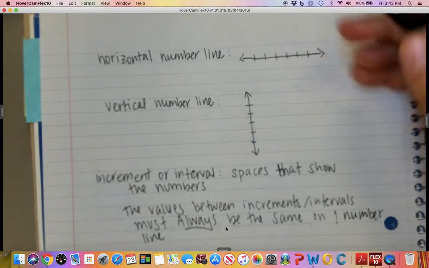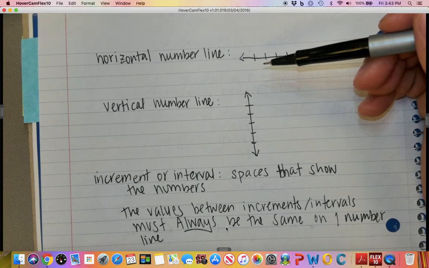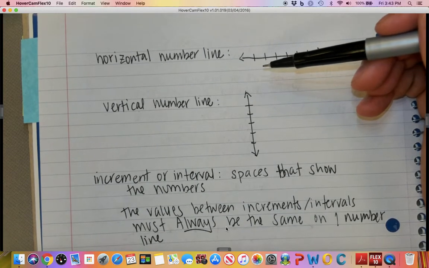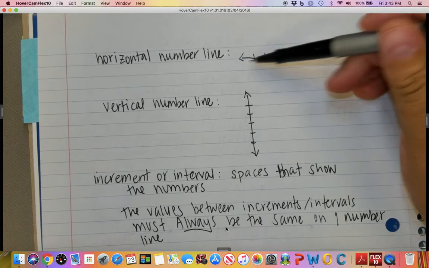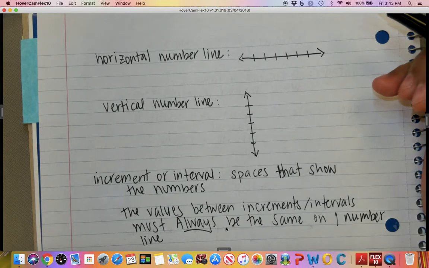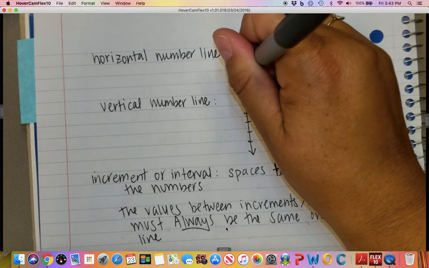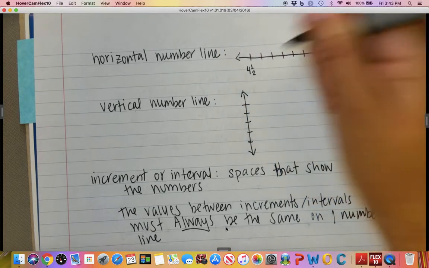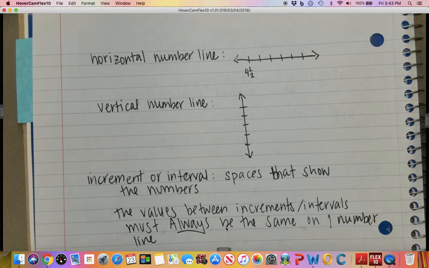And what I mean by that is it's how you're counting. The pattern has to be the same, and we've talked about patterns quite a bit. So if I am starting my horizontal number line with 4.5, I don't have to have a 0 on my number line unless that's the number that I want to show.